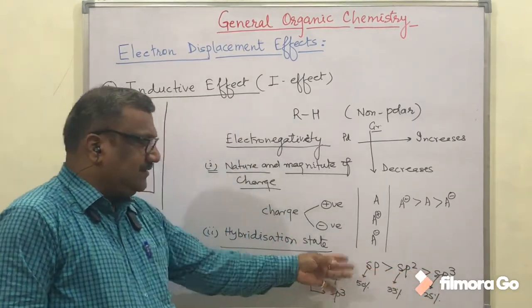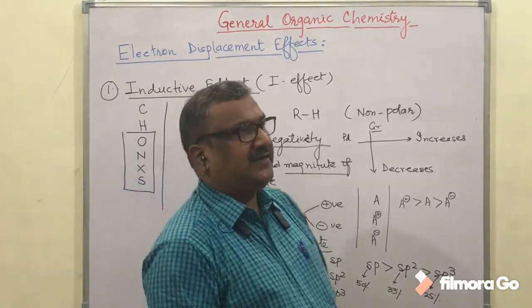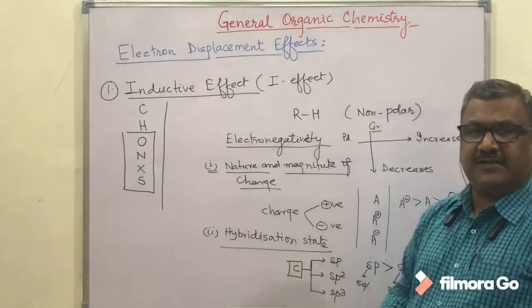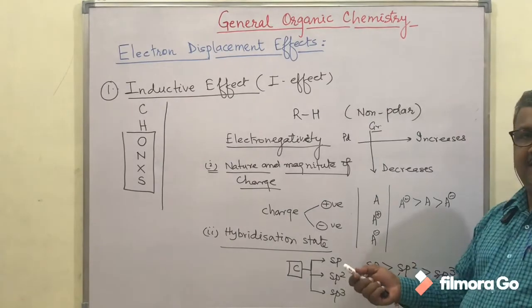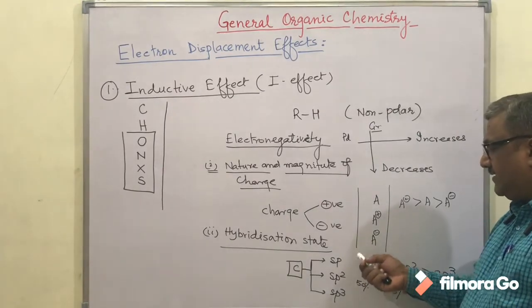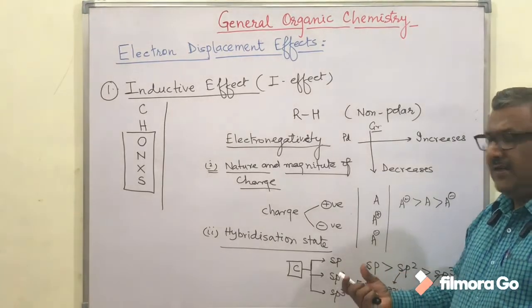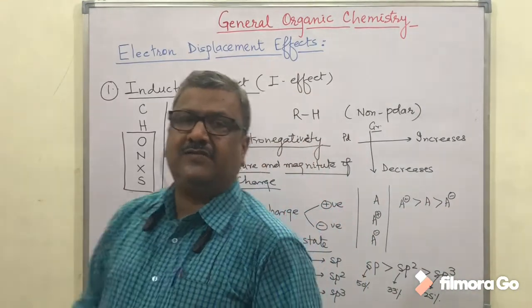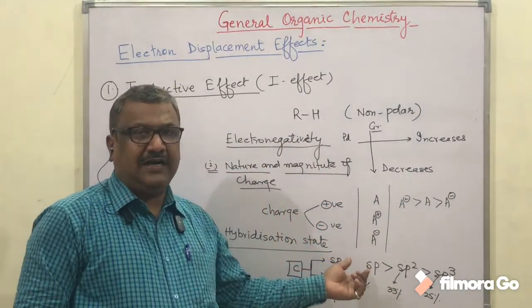So with increase in percentage s character, electronegativity increases. We have explained in the periodic property section also that if we increase the percentage of s character, the electrons residing close to the nucleus are higher in percentage, so the nuclear force of attraction will be more on such electrons which are closer to the nucleus, hence the electronegativity will be higher.